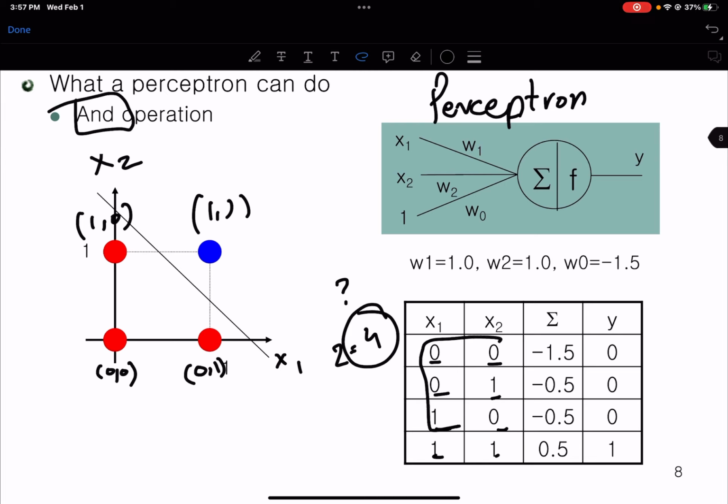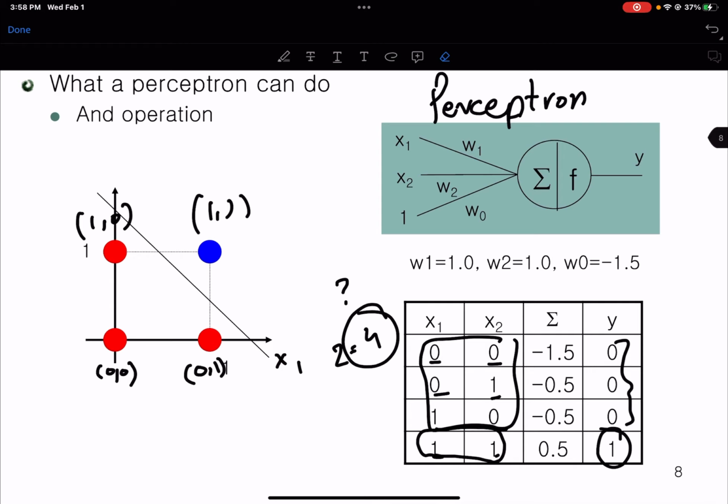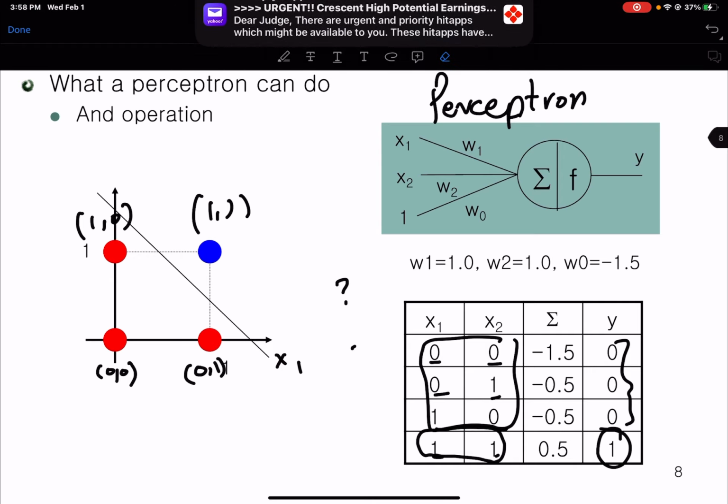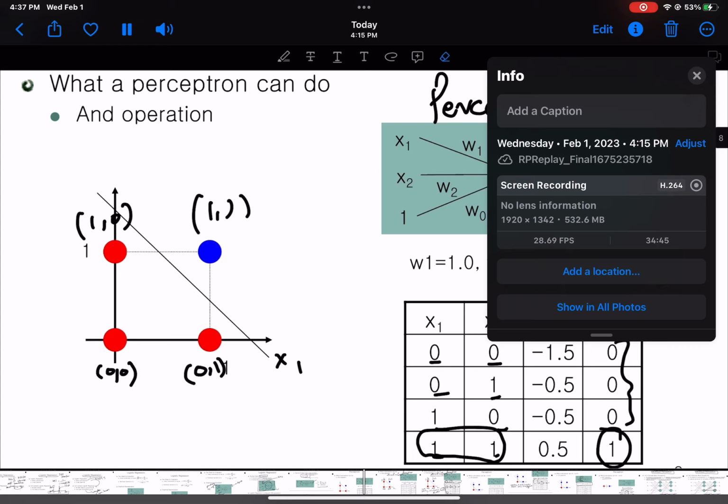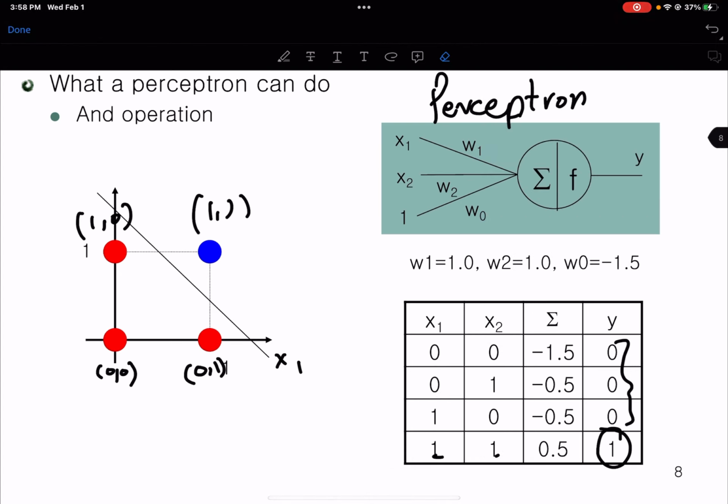And what does an AND operation do? For all values, it is 0. We already know this. And only if they are both 1, we have output 1. This is your AND function. So this is fairly simple. Right?